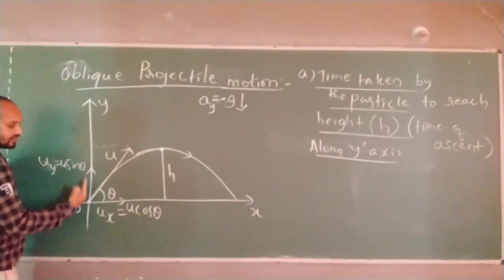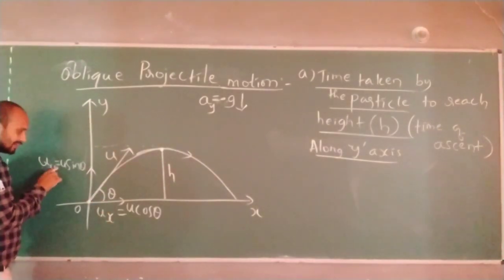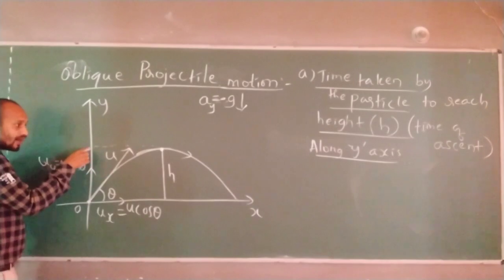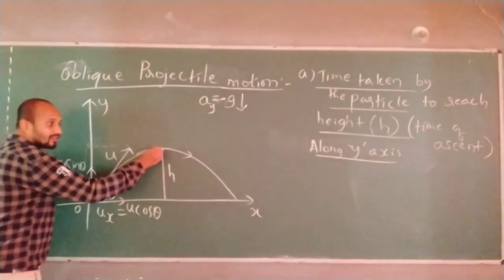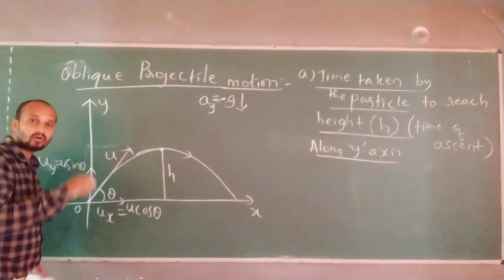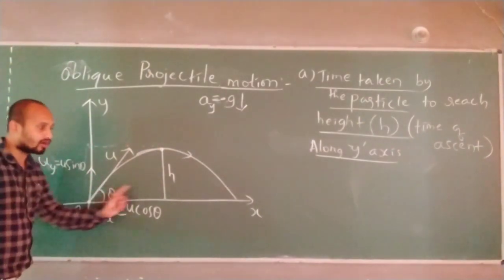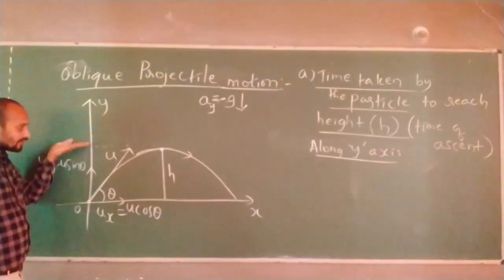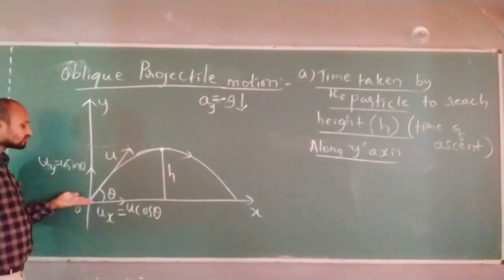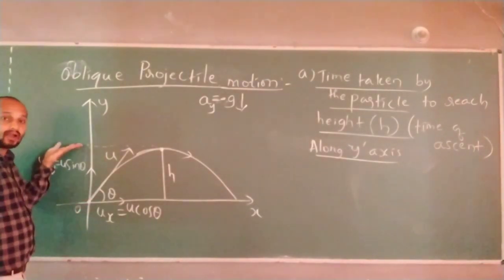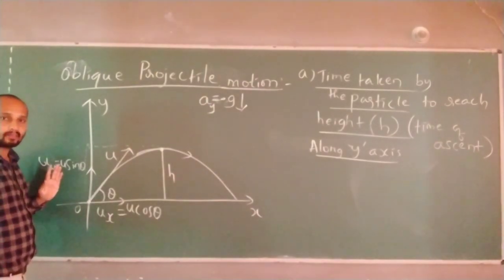So the initial velocity of the particle along the y-axis is u sin theta. Final velocity, when the body reaches maximum height, what is the final velocity? It is 0. I am just talking about the y-axis. Don't worry about the x-axis. The time taken to travel from this initial velocity to the final velocity of 0 is the time of ascent, which we have defined before.